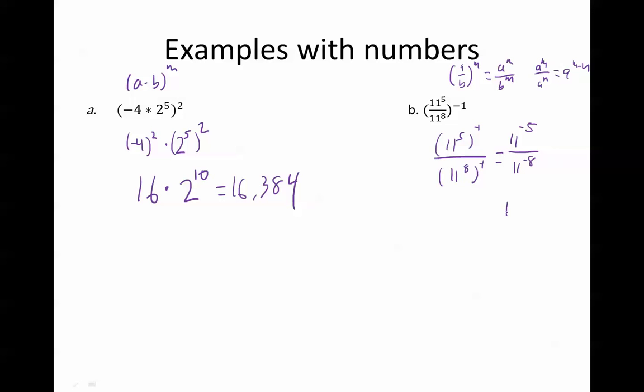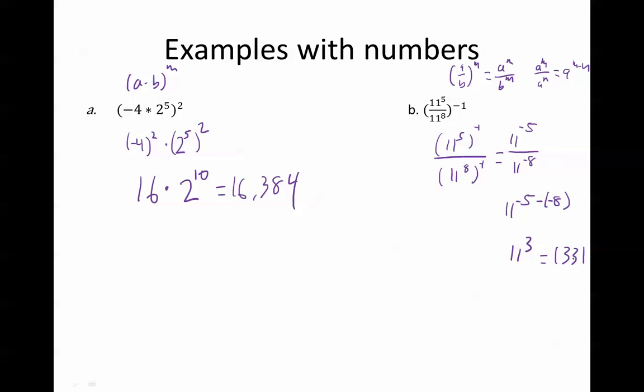This is 11 to the -5 minus -8. Right? I'm subtracting these. -5 minus -8, and that's going to be a +3. And so 11 to the +3 is 1,331.